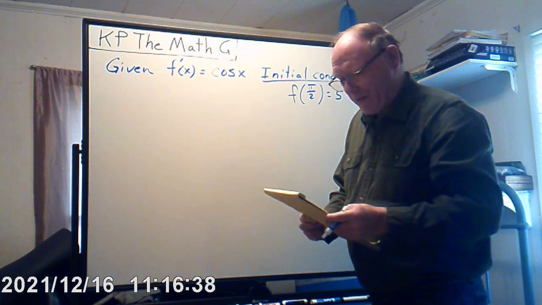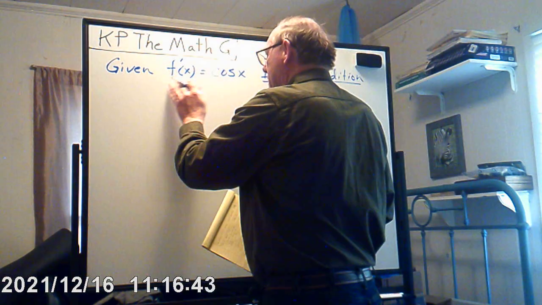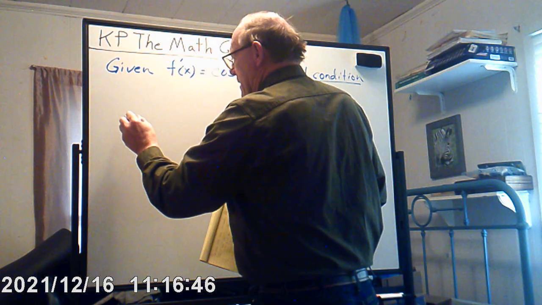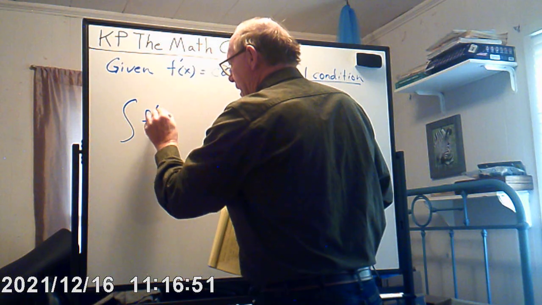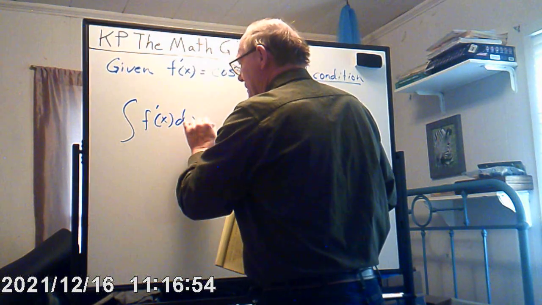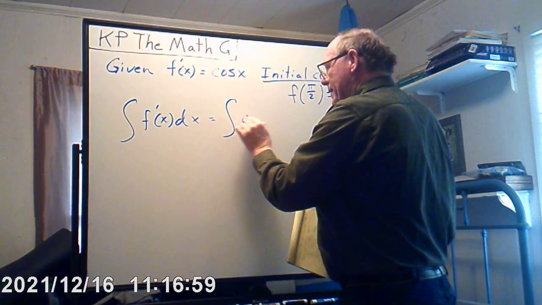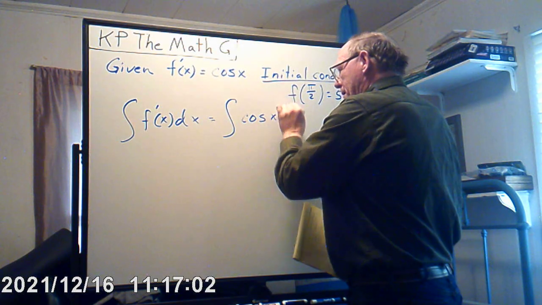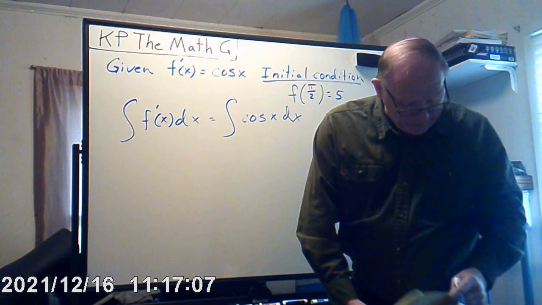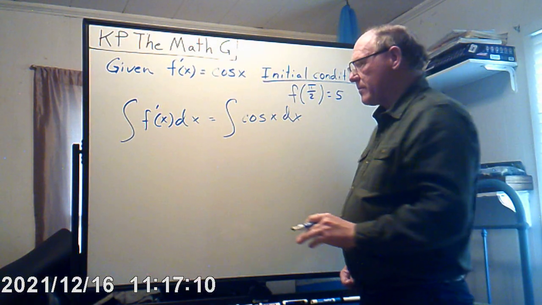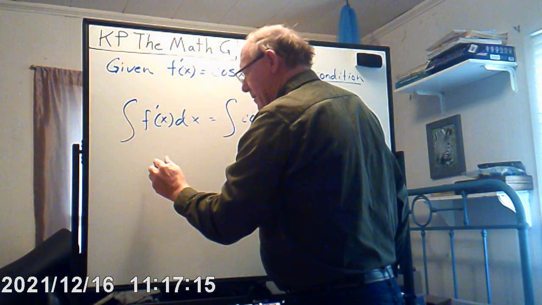We want to find the value of c. There's a rule that says if I take the antiderivative of both sides, and I take the antiderivative of a derivative, it's just going to take that off.